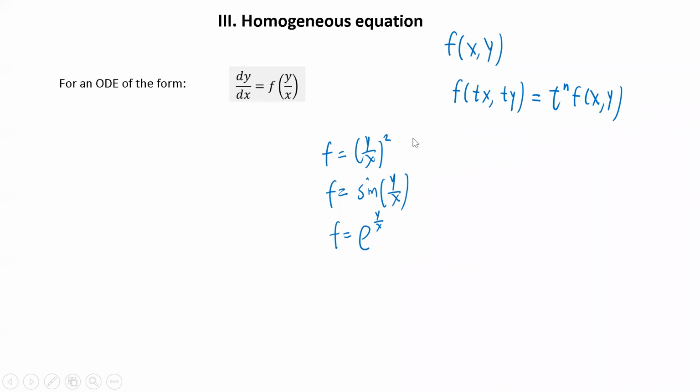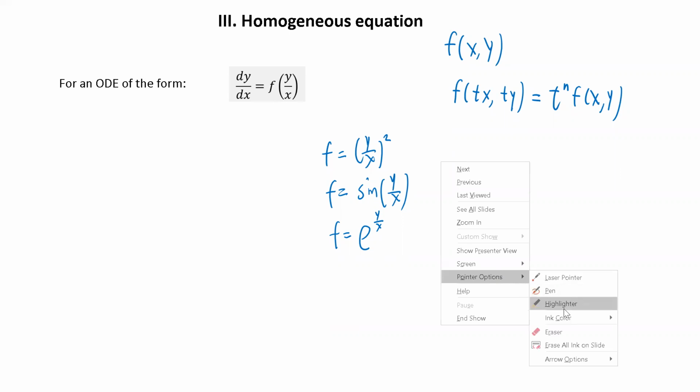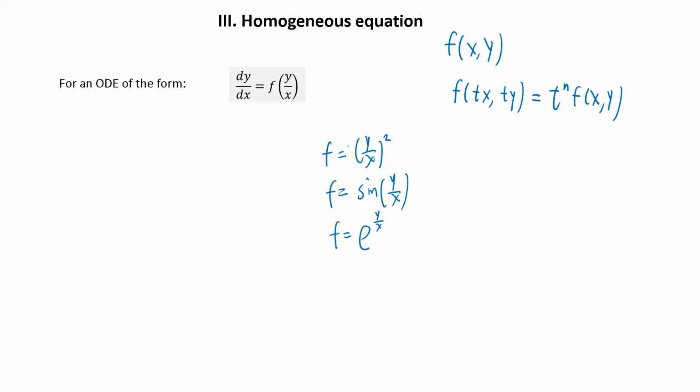What you need to do is, for example, take this one and replace y with ty and x with tx. You realize that t always cancels. Same thing for this one and this one: you put ty here and tx here, and it just gives you back y divided by x.